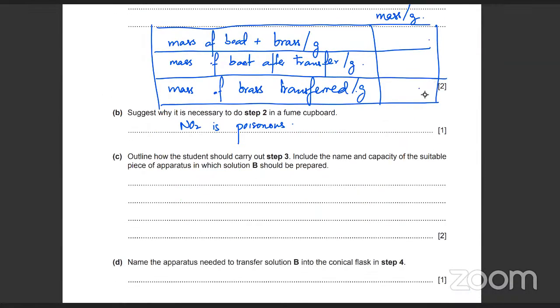So 2 marks, this is what you're going to do: transfer content of the beaker into volumetric flask. Tell them what the capacity is, because they did mention that you have to tell them what the capacity is going to be.